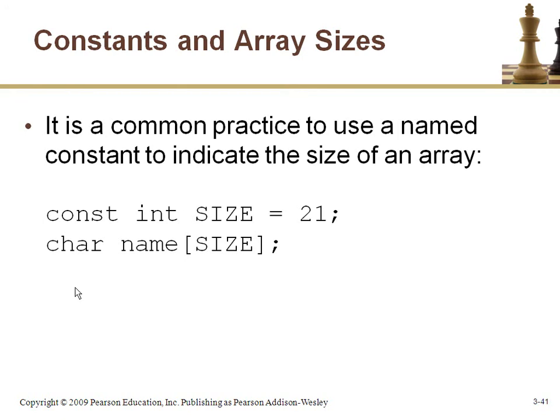We used the const reserved word for the integer size, and we assigned it 21. Now anytime after that statement, we can use the word size to refer to 21. In this example, in the second line, name is an array of 21 characters in consecutive locations in memory.